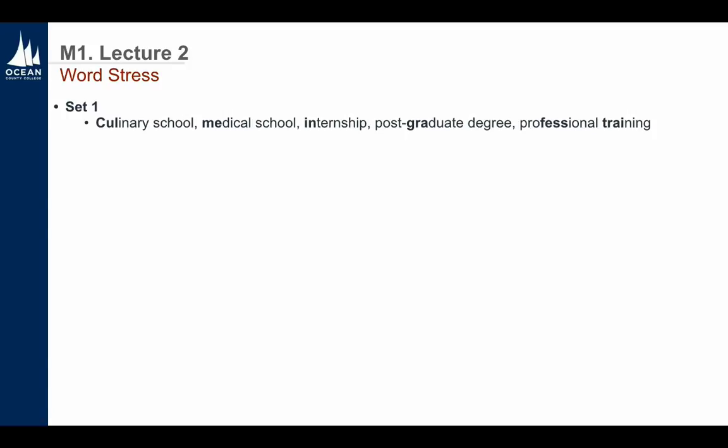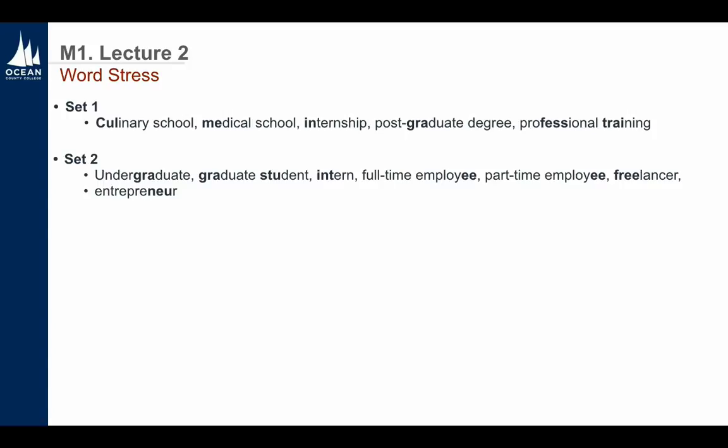Let's look at sets 1, 2, and 3 again. Look at how I have marked the stress in all of these words. Culinary school, medical school, internship, postgraduate degree, professional training. For set 2, undergraduate, graduate student, intern, full-time employee, part-time employee, freelancer, entrepreneur.